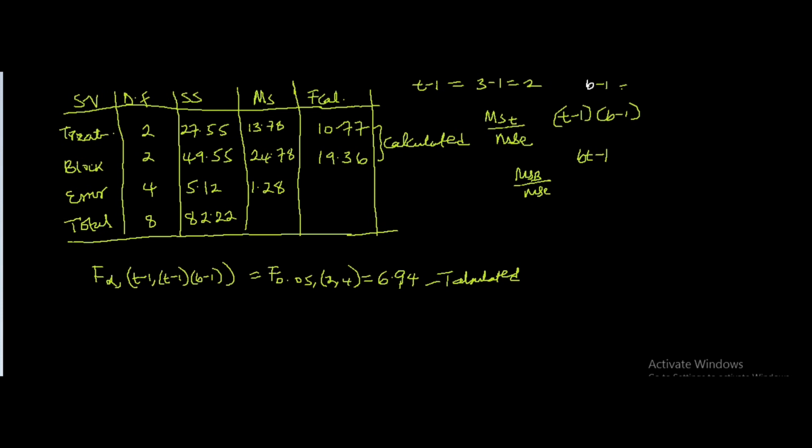So what we resolve here is that we reject the null hypothesis and accept the alternative hypothesis. In the case where the calculated values are bigger than the tabulated values, you reject the null hypothesis and accept the alternative hypothesis.